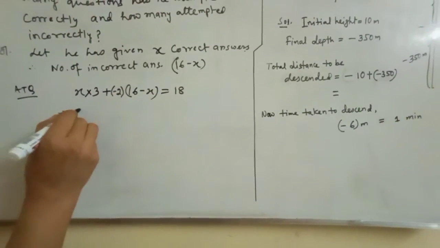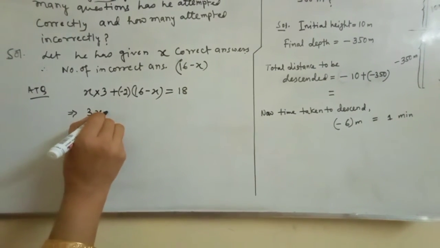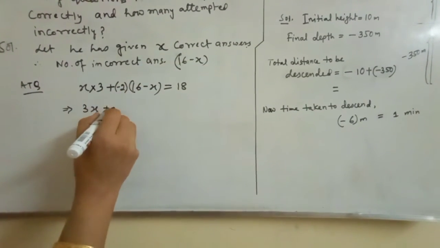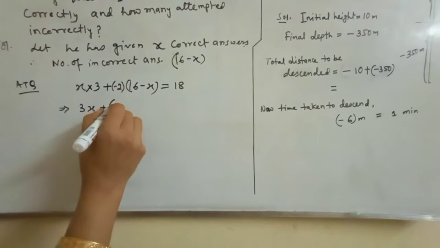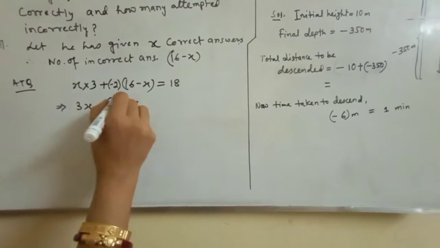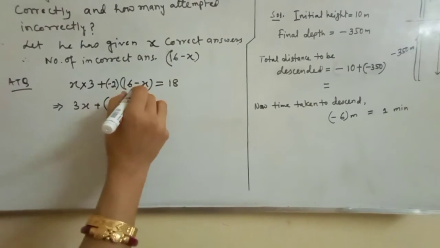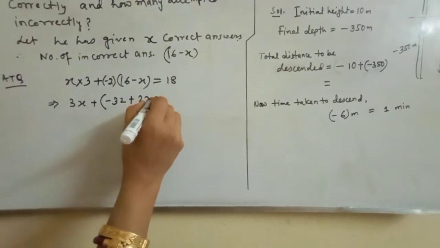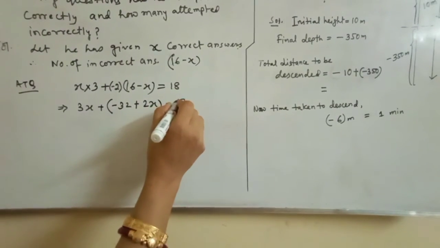Now, 3x plus minus 2 into 16, minus 32, minus into minus is plus 2x, is equal to 18.